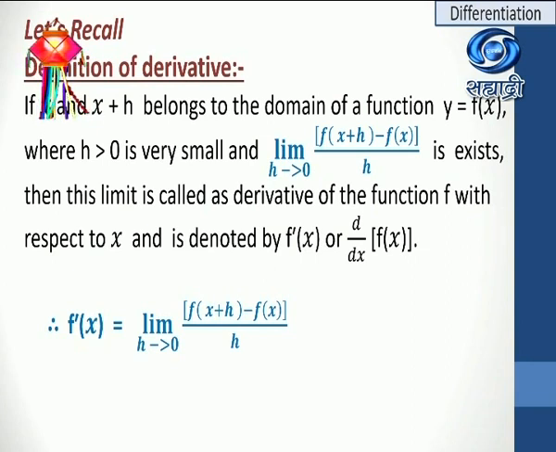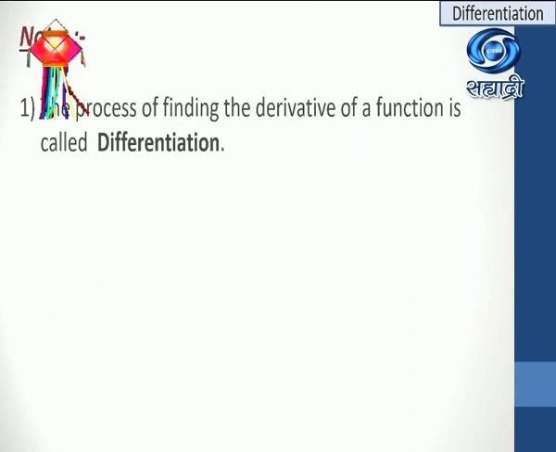Therefore, f dash of x is equal to the limit of f of x plus h minus f of x upon h as h tends to 0. It means derivative is a special type of limit.